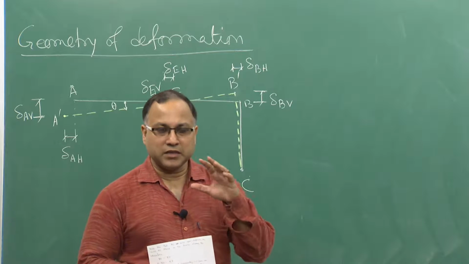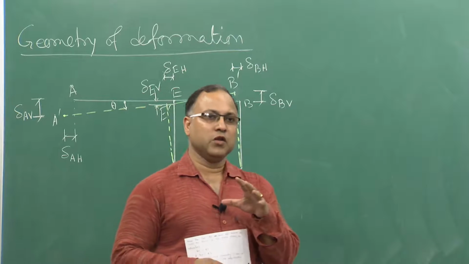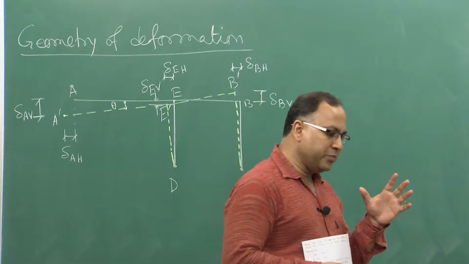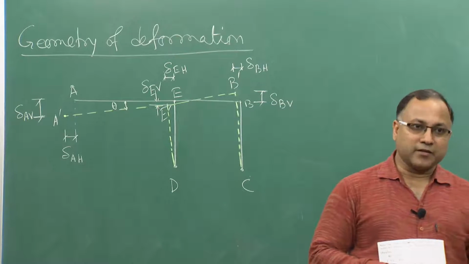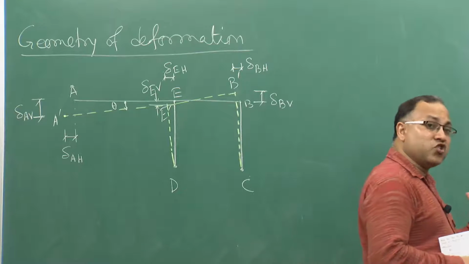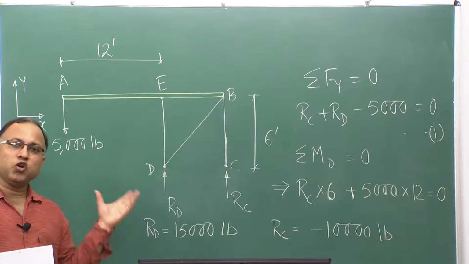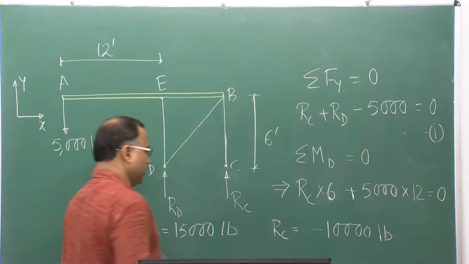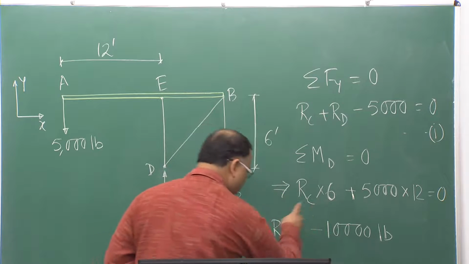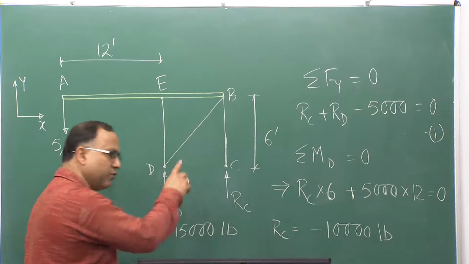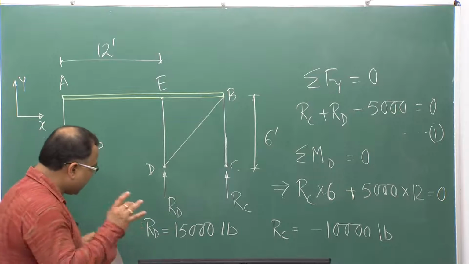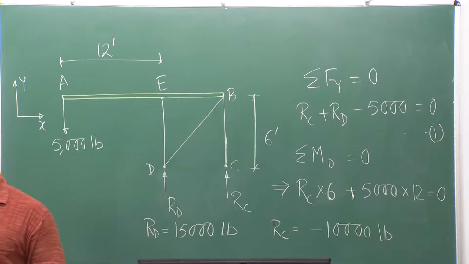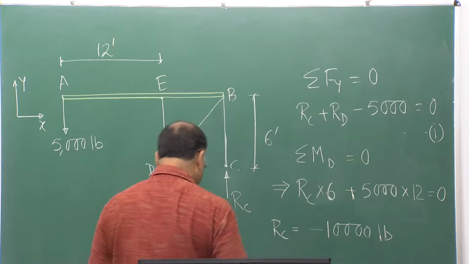I should not have any preconceived notion about the direction of RC and RD. Automatically it will come from the calculations. So RC is actually acting vertically downward, whereas the direction of RD is perfectly fine.